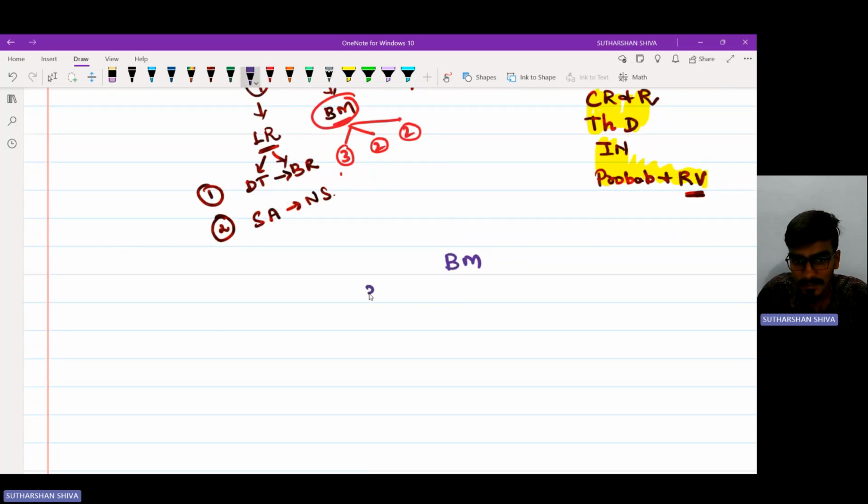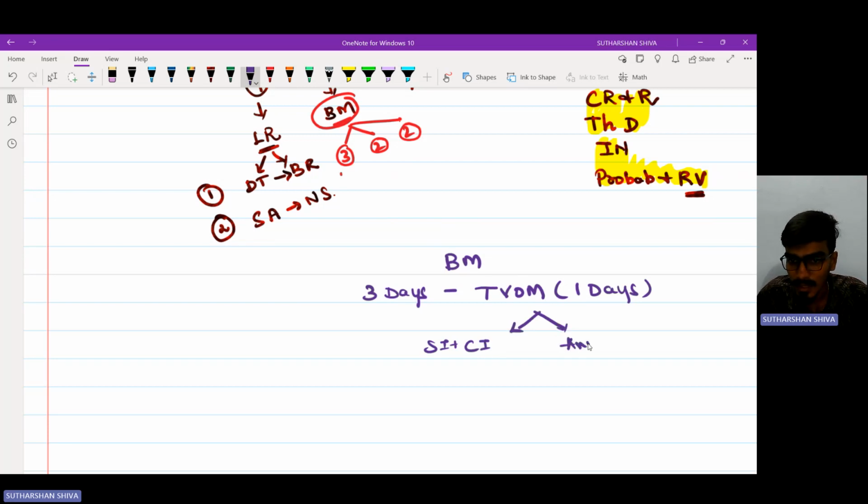On these 3 days, first, you are going to touch on time value of money for 1 full day. In the full day, give more weightage. Simple interest and compound interest will be one part, and then your annuity. Give more weightage to annuity rather than to simple interest and compound interest.